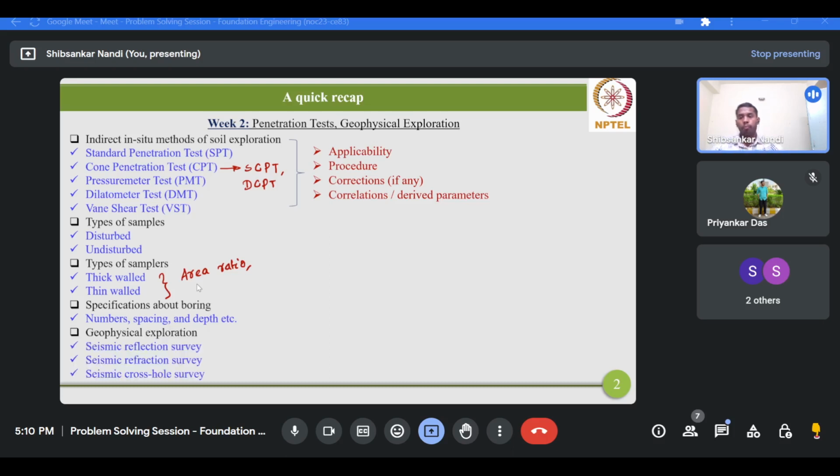And lastly, we have learned three geophysical exploration programs: seismic reflection survey, seismic refraction survey, and seismic crossing survey. So in this week, through some selective numerical problems, we'll try to comprehend these aspects in more detail.